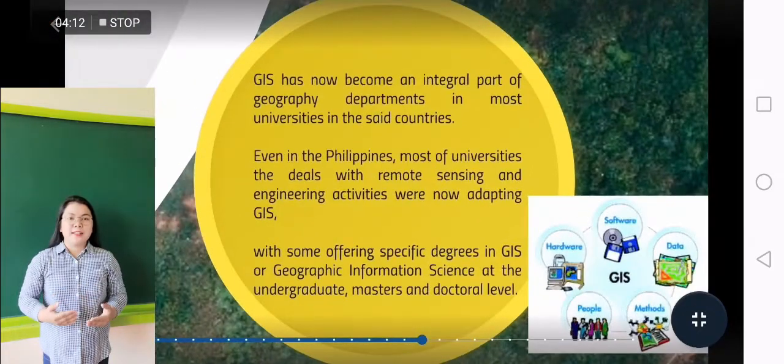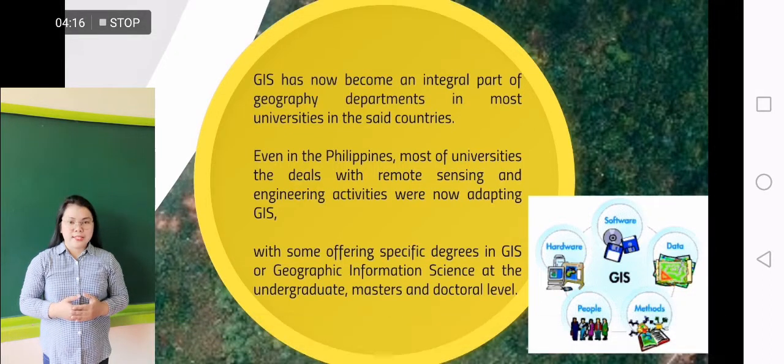The use of GIS in geographic education first began at the university level. The number of programs offering GIS lessons, especially in US and Canadian universities, began in the 1980s. GIS has now become an integral part of geography departments in most universities in the said countries.